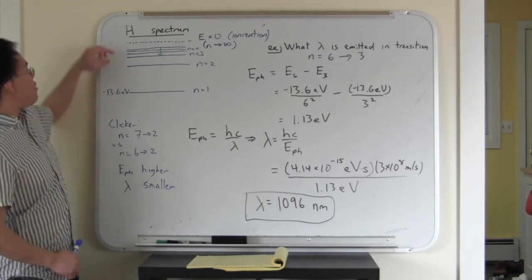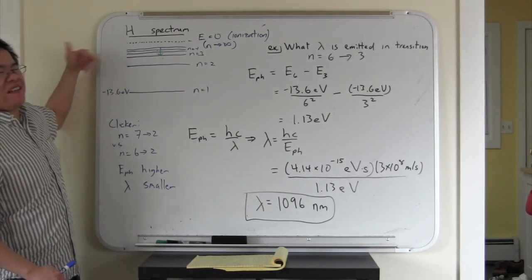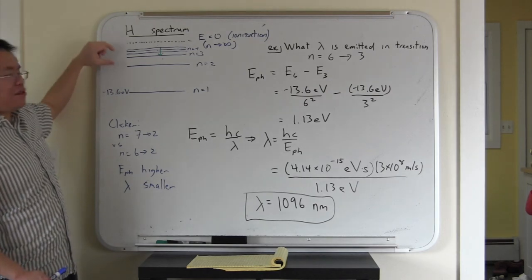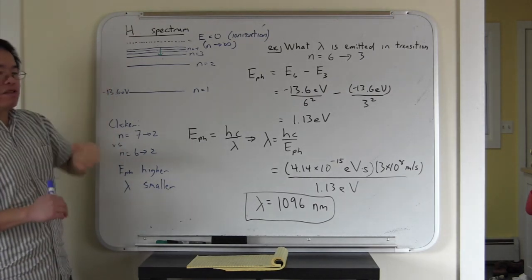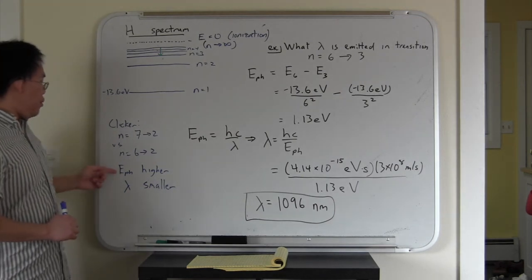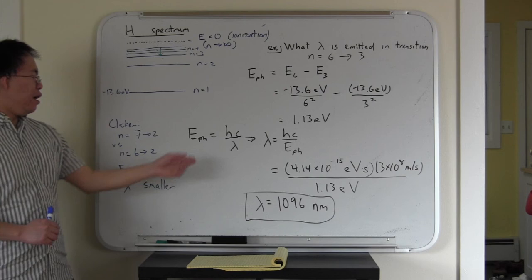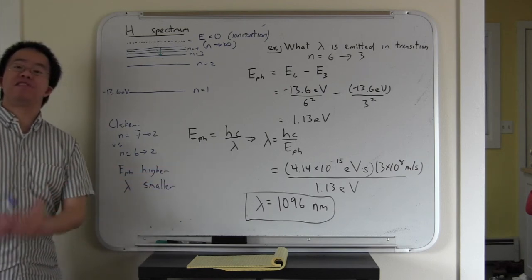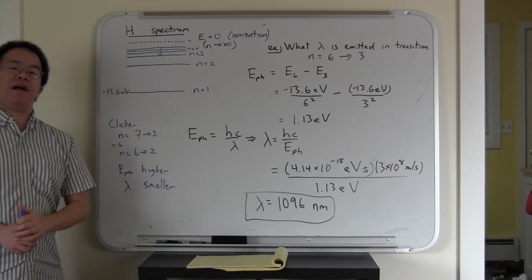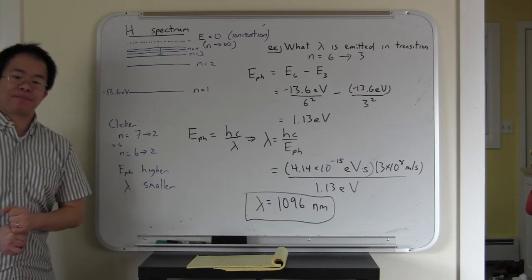And hopefully you can visualize from this kind of diagram that going from 7 to 2 versus 6 to 2, 7 to 2 is going to give rise to a higher energy photon. So if I have a higher photon energy, from the work we just did, you see that we'll have a shorter wavelength associated with that.